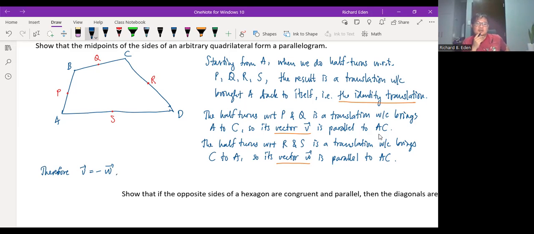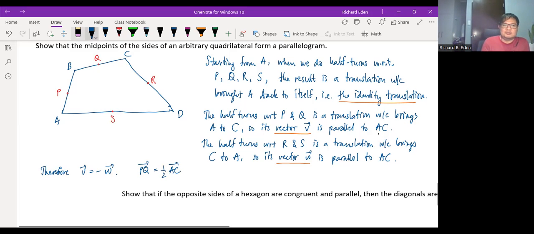Okay. So, pero kasi, okay, if you now look at vector PQ, okay, kasi nung vector PQ is half of vector AC. Sandali lang ah.